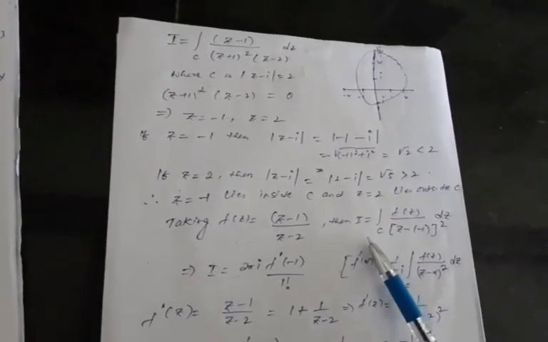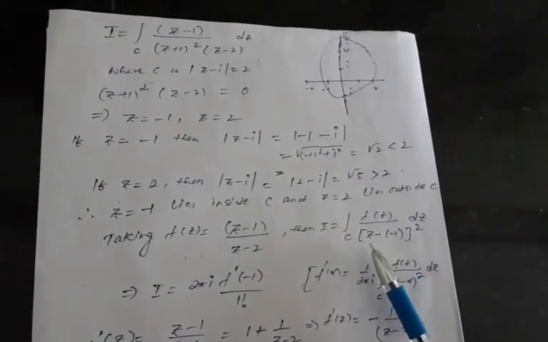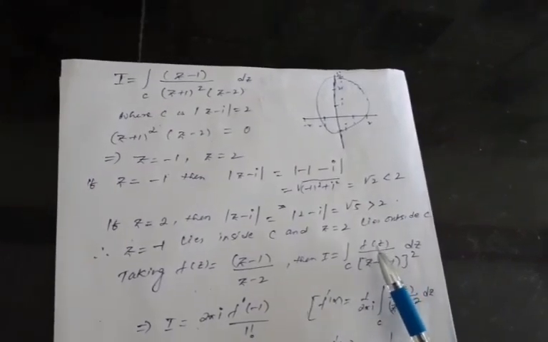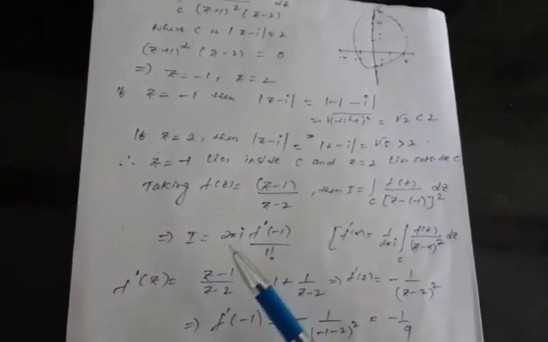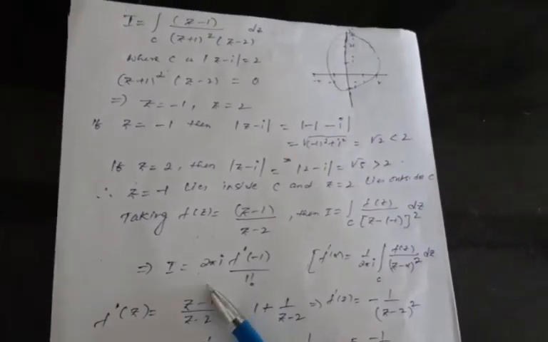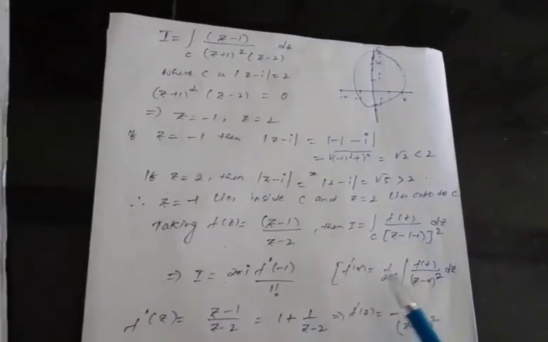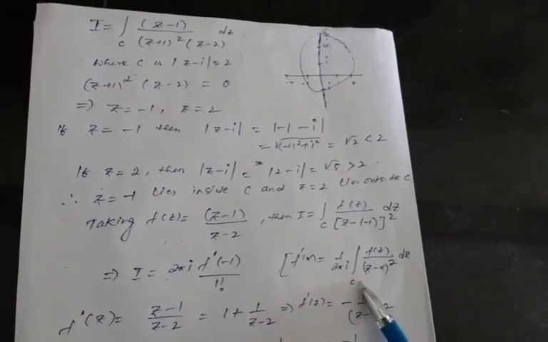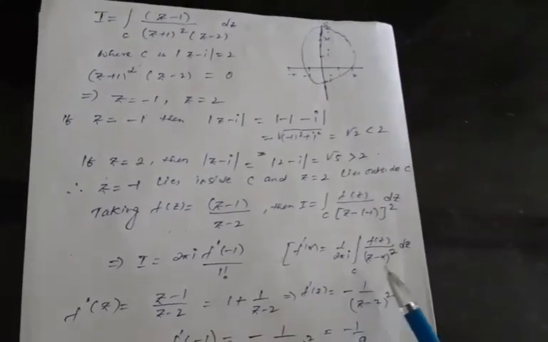So now I is equal to integration over C of f(z) divided by (z minus of minus 1) whole square. Now it is in the form of f(z) divided by (z minus alpha) whole square dz. So by Cauchy integral formula for the derivative of an analytic function, what do we get? f dash alpha is equal to 1 by 2 pi i integration over C f(z) divided by (z minus alpha) whole square dz.